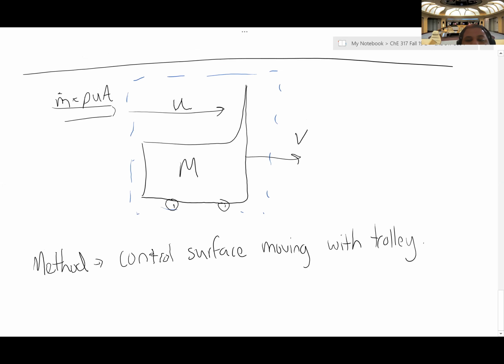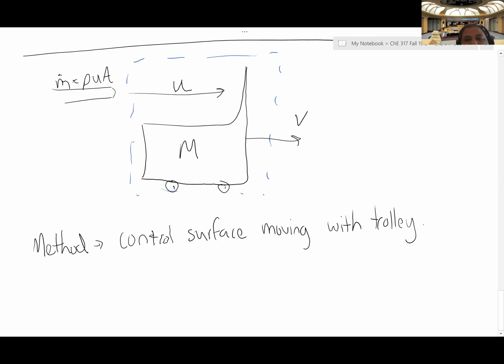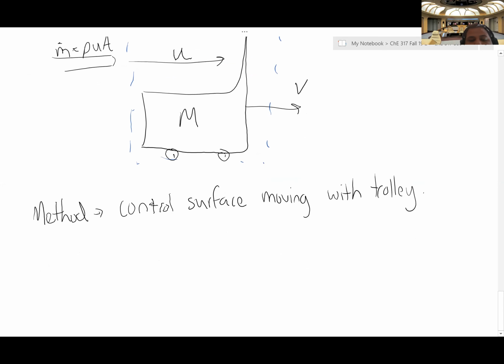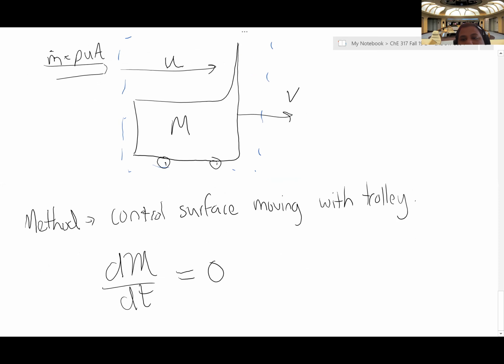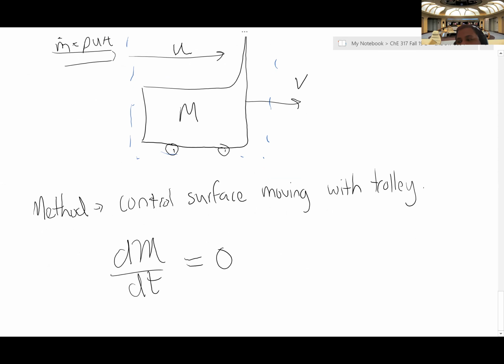So my first question I would usually ask in these types of instances is, can I assume my momentum will be conserved, considering the fact that I have a jet being shot on a trolley which is moving at some velocity v? So would you say that the change in momentum is zero or is not zero?